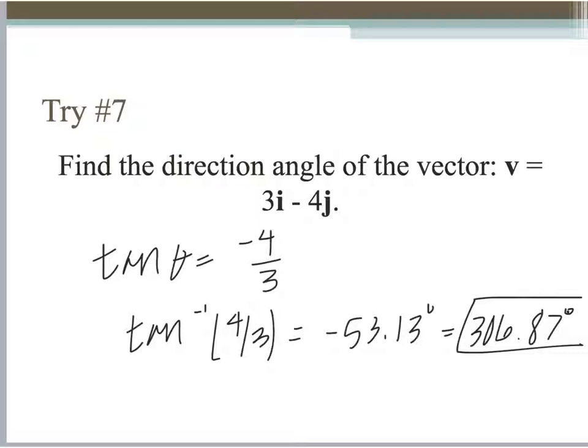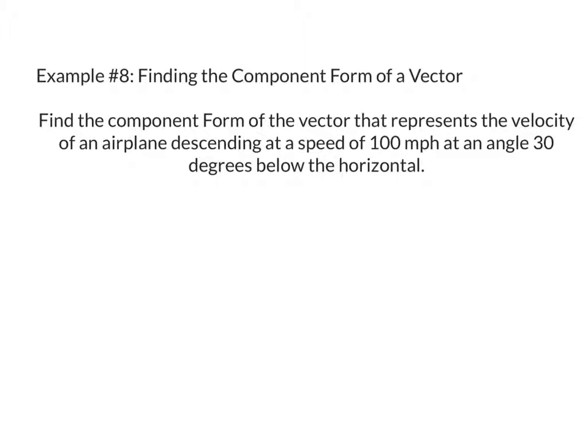All right, so let's actually apply this to a problem. It says find the component form of the vector that represents the velocity of an airplane descending at a speed of 100 miles per hour at an angle of 30 degrees below the horizontal.